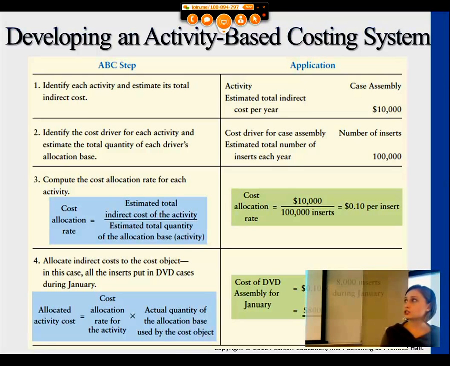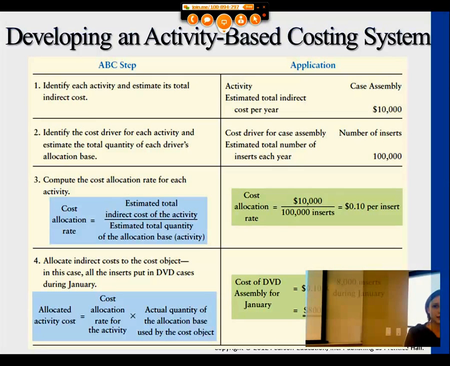So now I need to take step 4. I already determined my cost allocation rate. For my fourth step, I want to understand how much of that cost I need to allocate for that activity. So it looks like we're getting to the end of the activity-based costing system. How do I allocate indirect costs to the cost object?